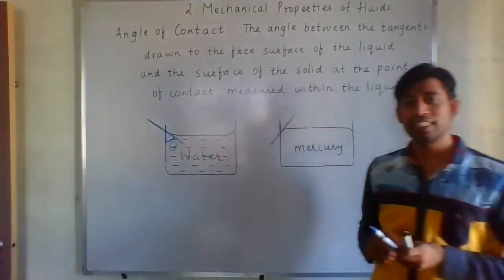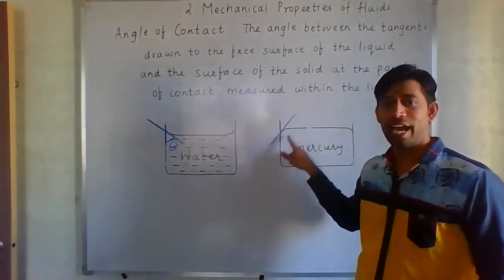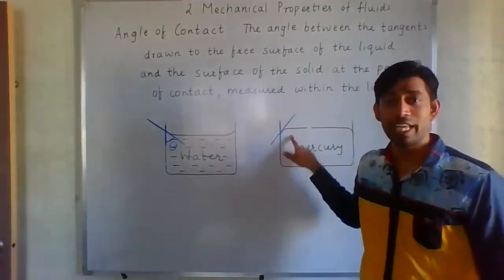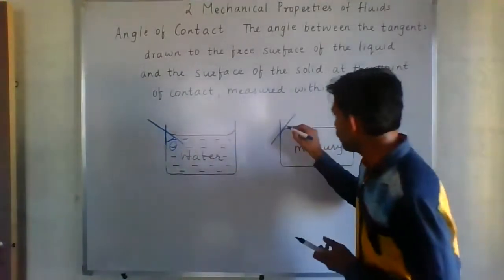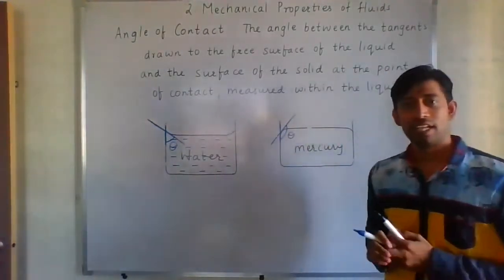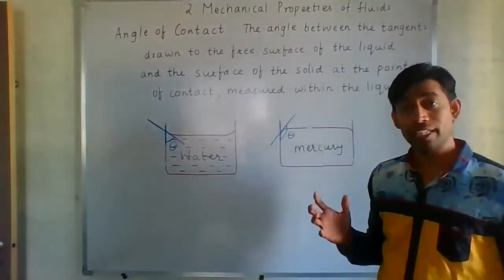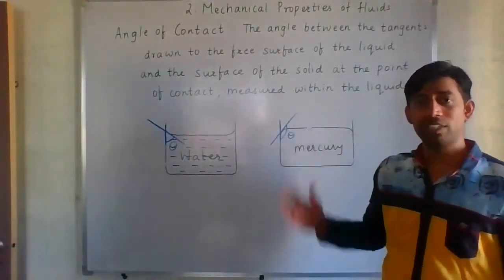Clear? Again, you can see four angles. 1, 2, 3, and here also 4. Now, which one to select? It should be selected within the liquid. So, inside liquid part, I'll be having this angle. Is it clear? So, angle of contact in water, angle of contact in case of mercury. What is the conclusion?